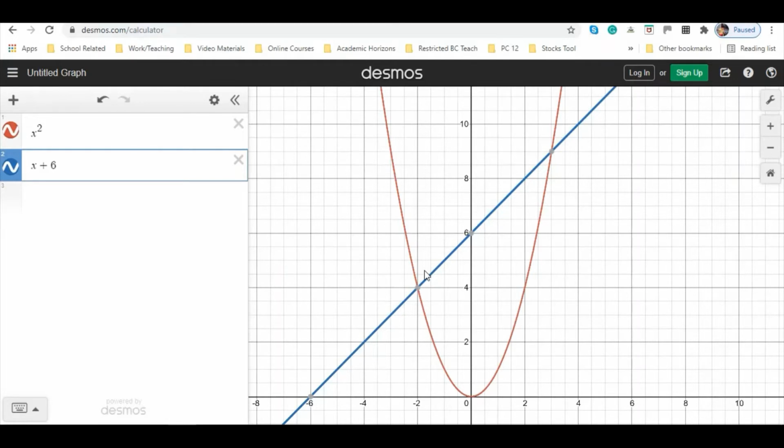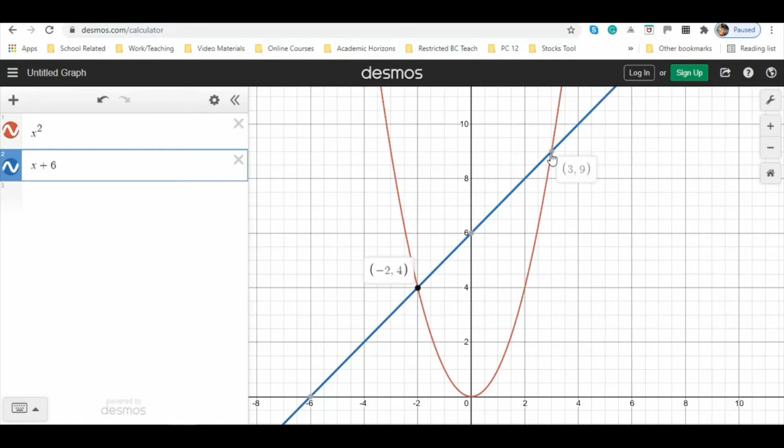Just like in the system of linear equations, the solution is given by the point of intersection between the two graphs. In this case, we just have to look at the point or points of intersection between the two graphs: the red graph, given by the quadratic function, a parabola, and the linear one, the blue line here.